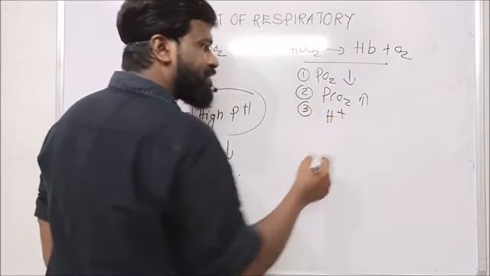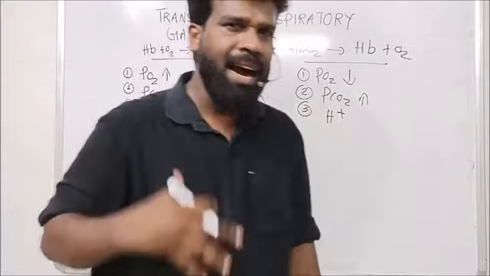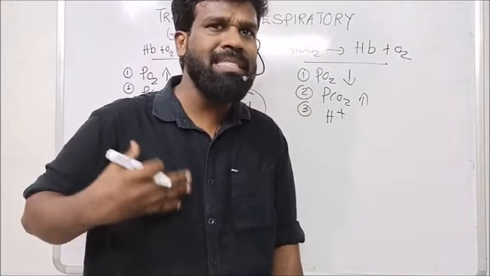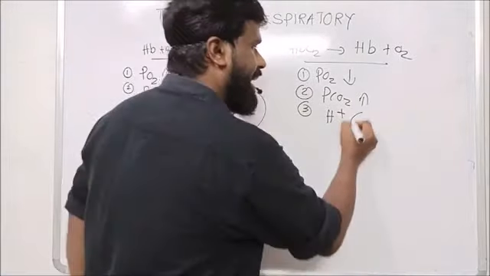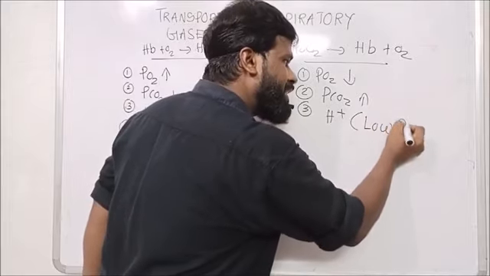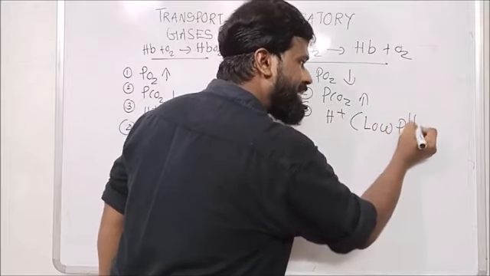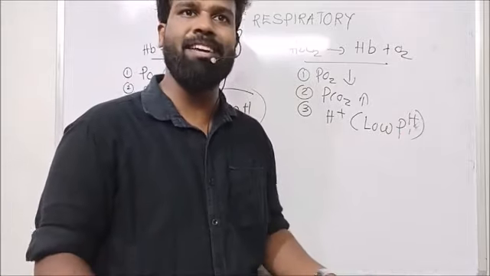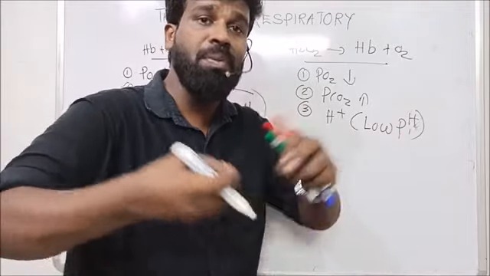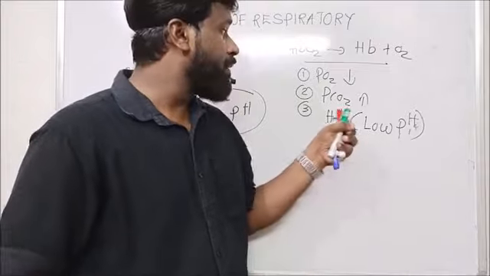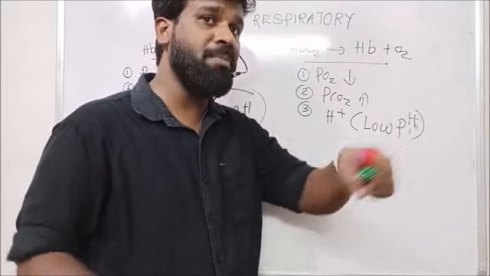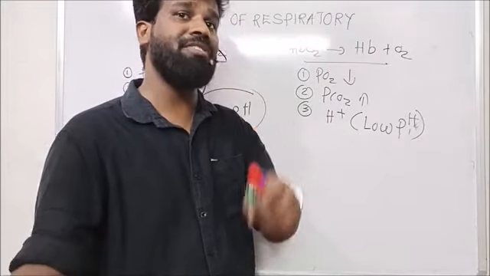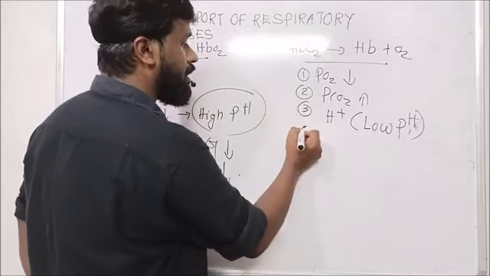Similarly, high H plus ion concentration. High H plus ion concentration means that the medium is acidic, which means low pH. So in this acidic medium, what happens? Hemoglobin dissociates from the oxygen, because when H plus ion also binds to hemoglobin, the unloading of oxygen from hemoglobin takes place.